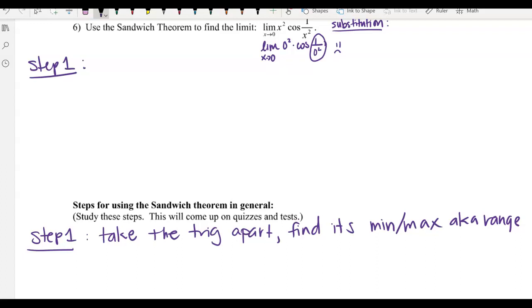What trig function do you see in this problem? Cosine. What is the range for cosine, y'all? It goes from -1 to 1, and that's what it's saying. Take cosine apart, so cosine of x, the range is between -1 and 1.